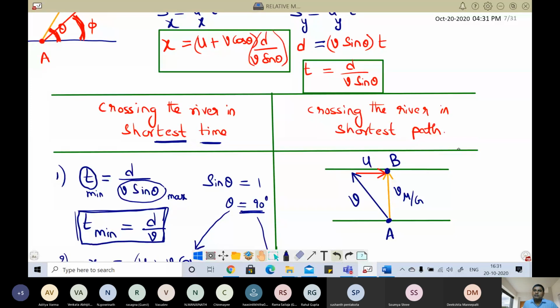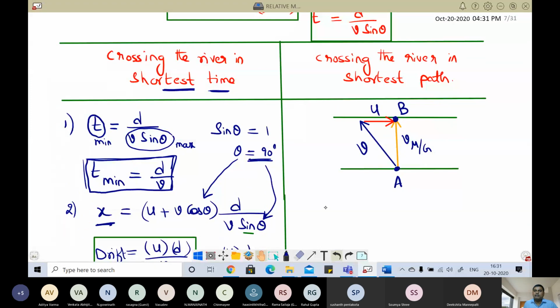That means the drift should be zero. To achieve this case, you are landing exactly at the opposite point. Your aim is also the opposite point and you are landing also at the opposite point.